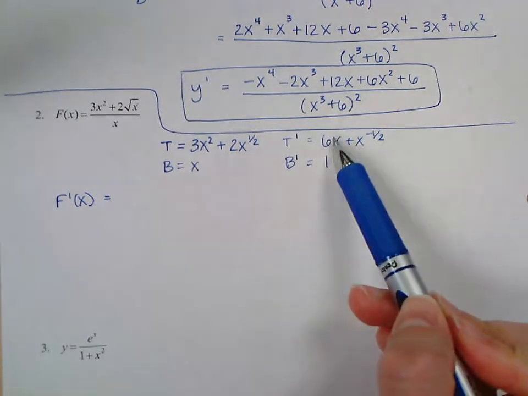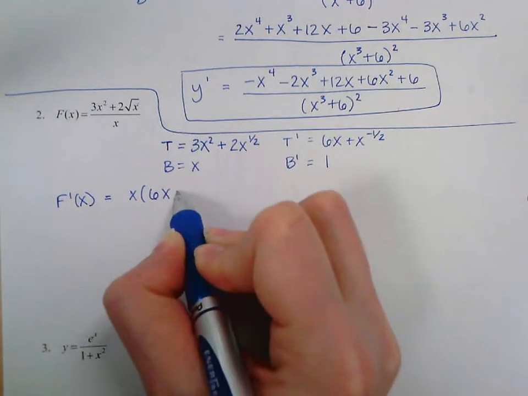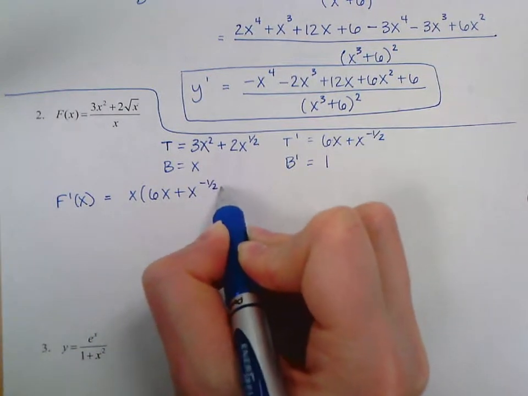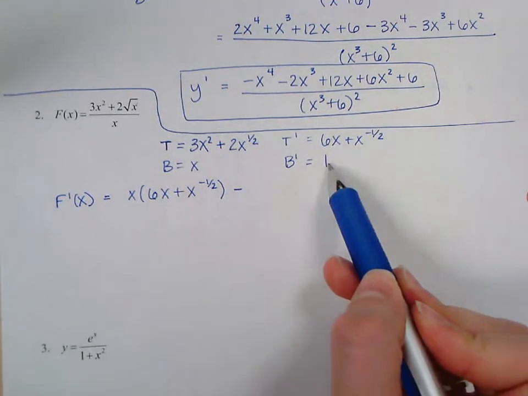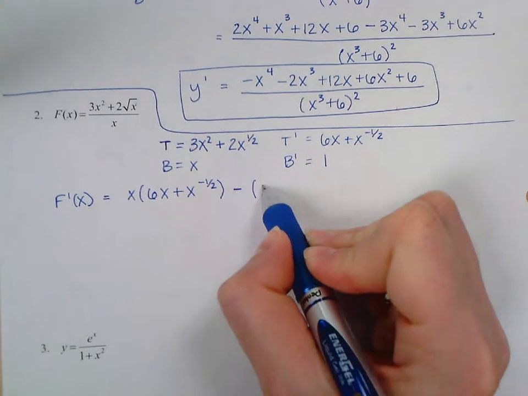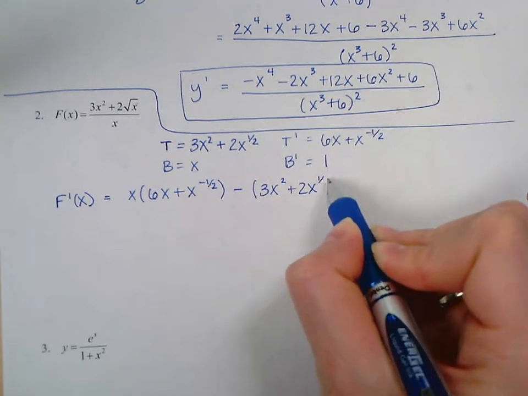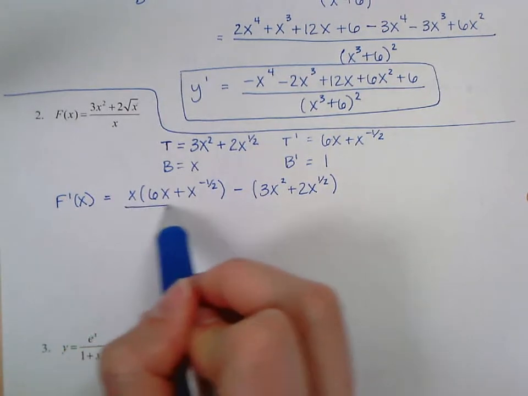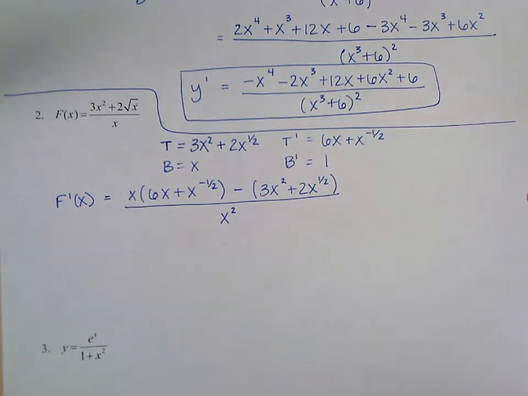So bottom times top prime. So x times the quantity 6x plus x to the negative 1/2 minus top times bottom prime. Bottom prime is just 1, so I'm really just subtracting the quantity of the top. So the quantity 3x squared plus 2x to the 1/2. And that is all over the bottom squared, so x squared.